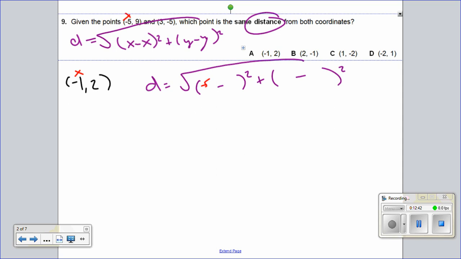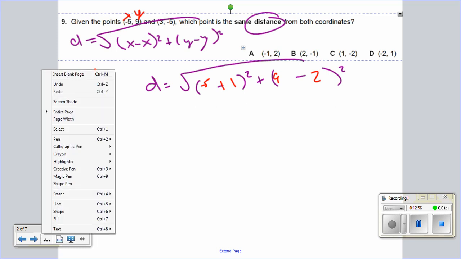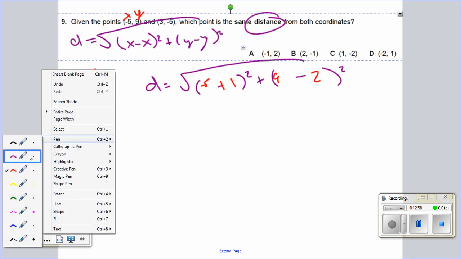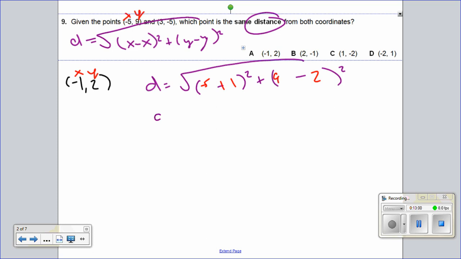So I would say -5 plus 1 because two negatives make a positive. And then my y's are 9 and 2, so 9 minus 2. Again, I'm also going to need to find the distance with the other point that they gave us.